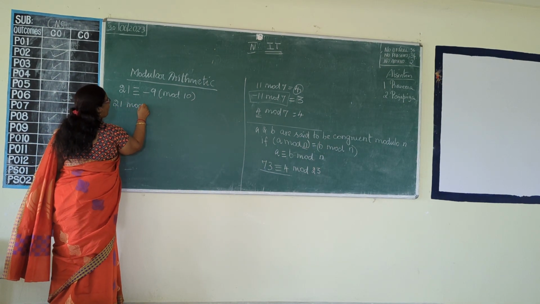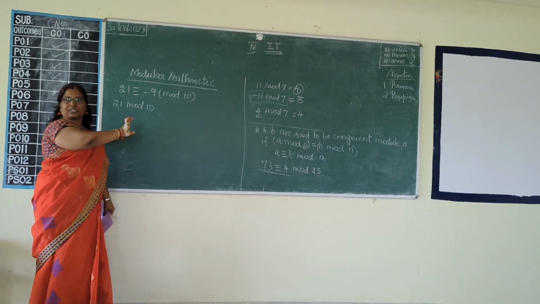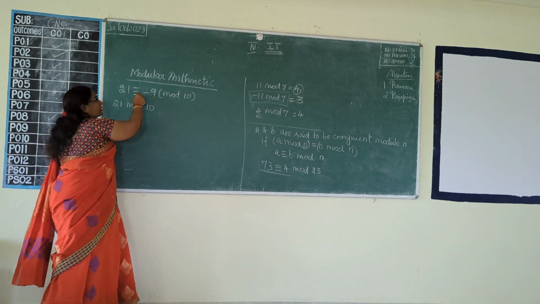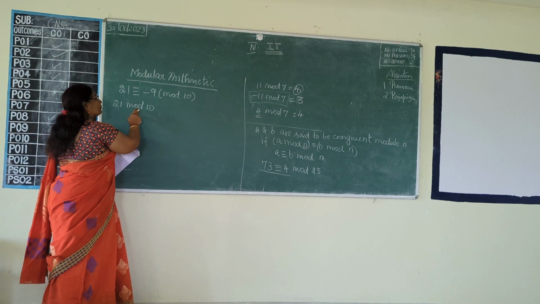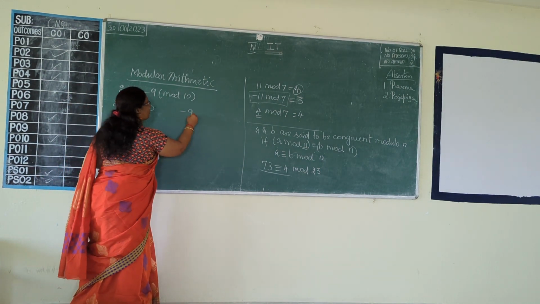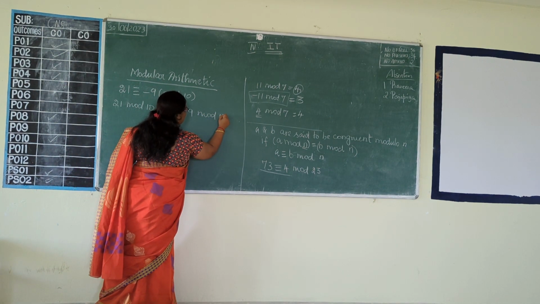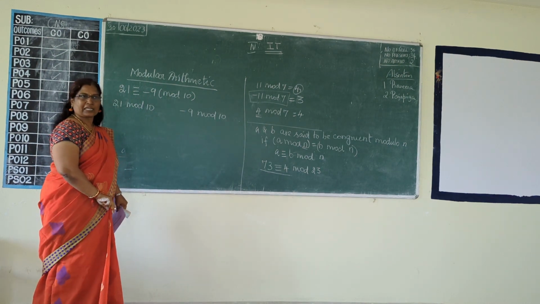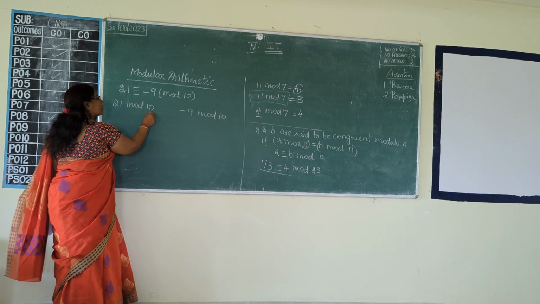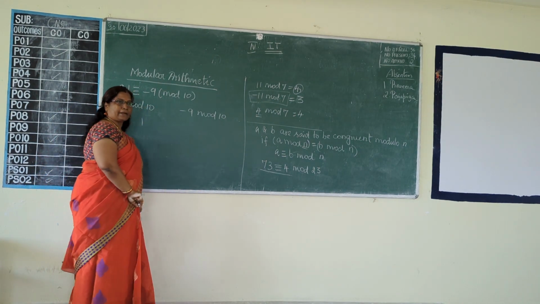I don't put the symbol over here unless I get the same value. Left hand side I am performing mod 10 on 21. Similarly, right hand side I am doing minus 9 mod 10. Clear? So you have to find out this value as well as this value. 21 mod 10 is 1. Here it is minus 9 mod 10.